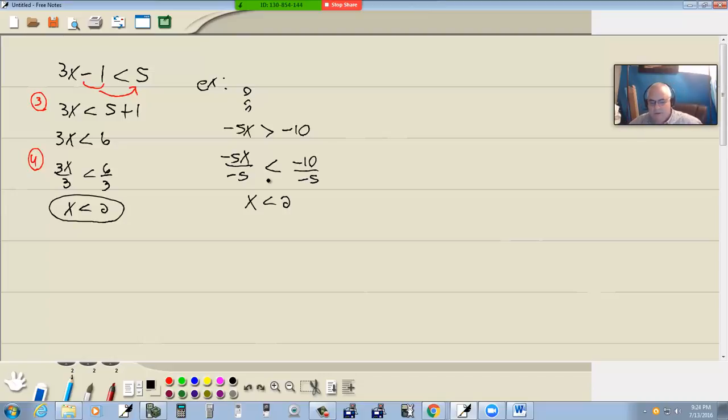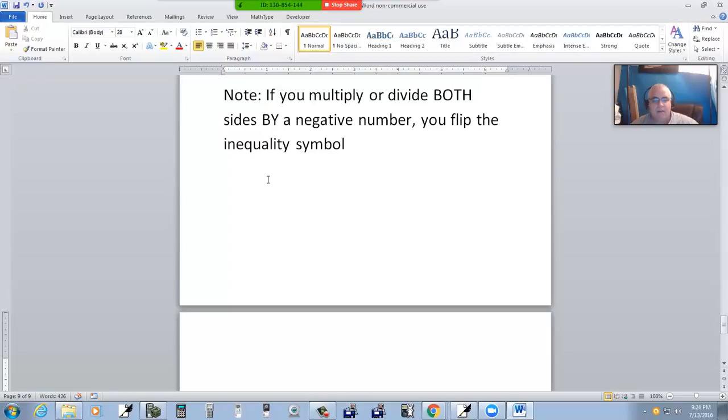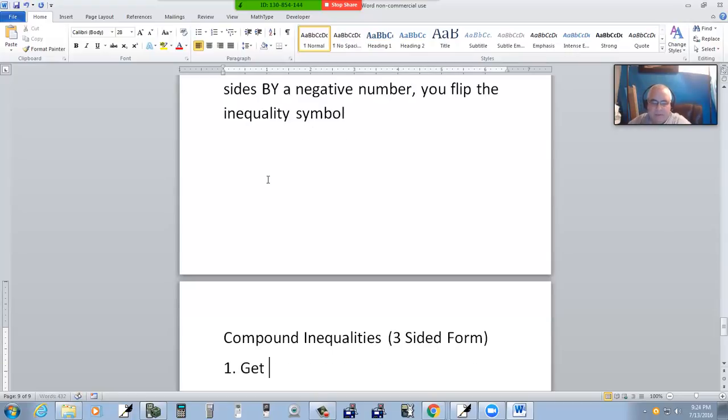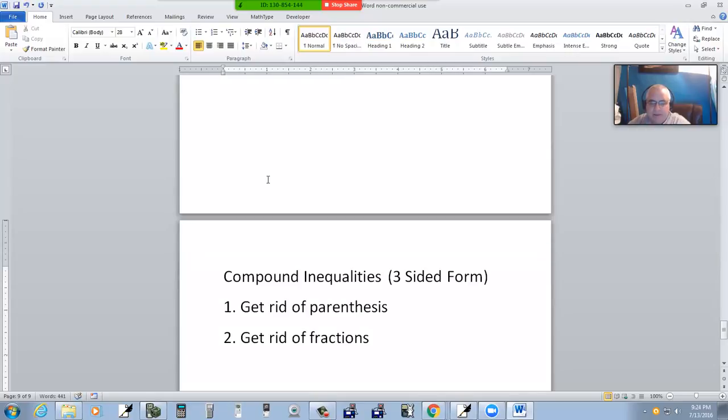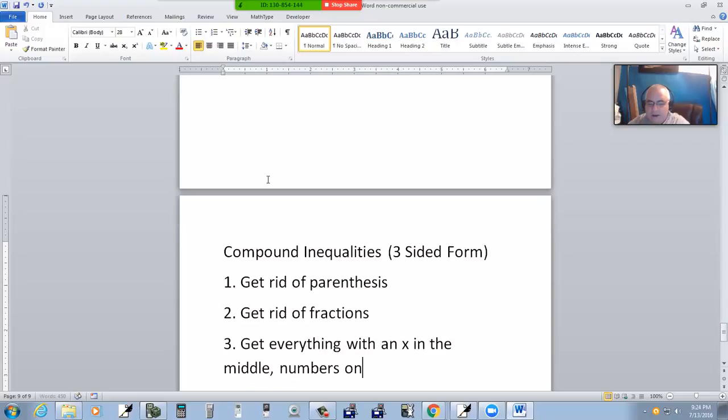Now our compound inequalities. Specifically, we're talking about our three-sided form. Our first step, get rid of parentheses. Second step, get rid of fractions. And those are the same methods we talked about up above. Step 3, get everything with an x in the middle, numbers on the other two sides.